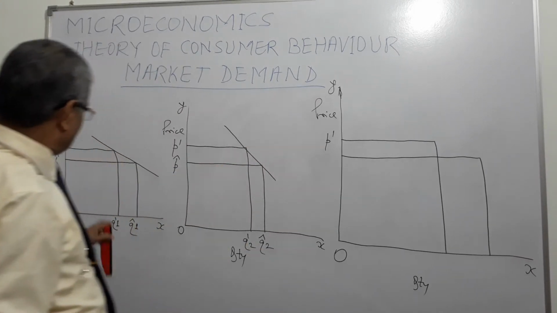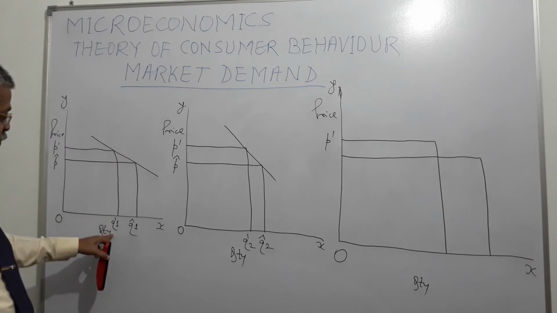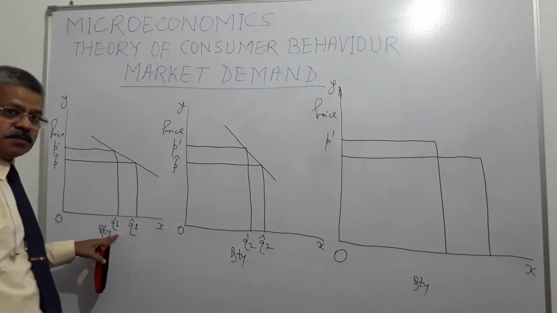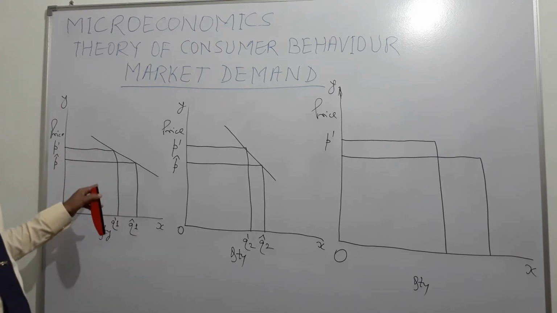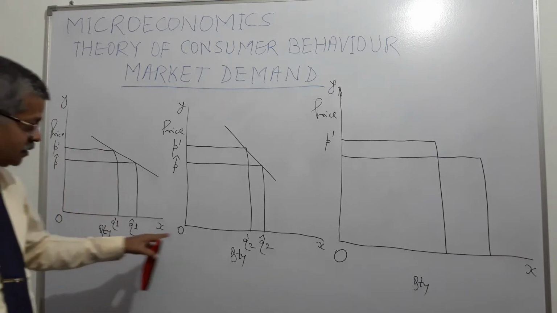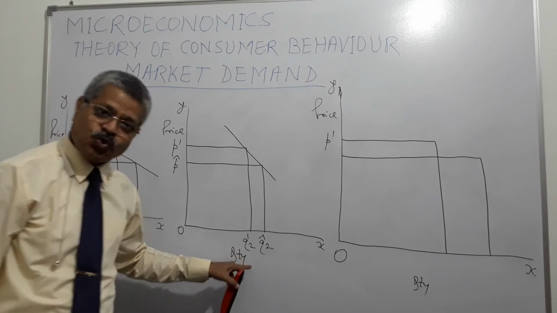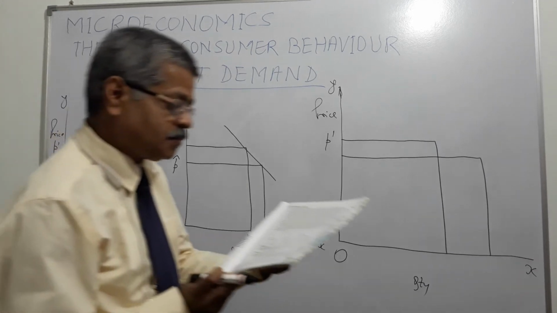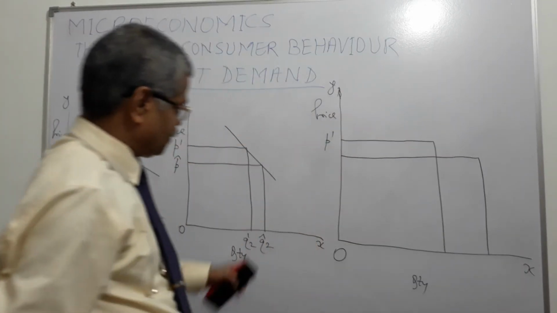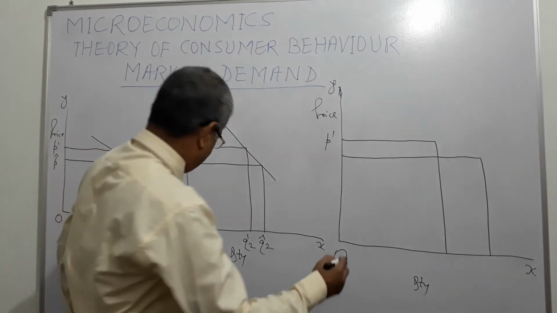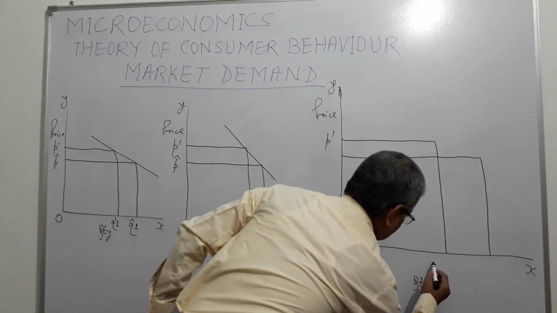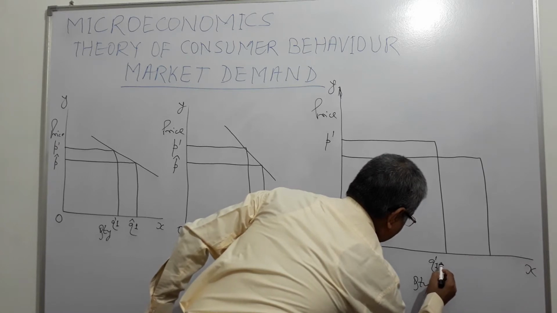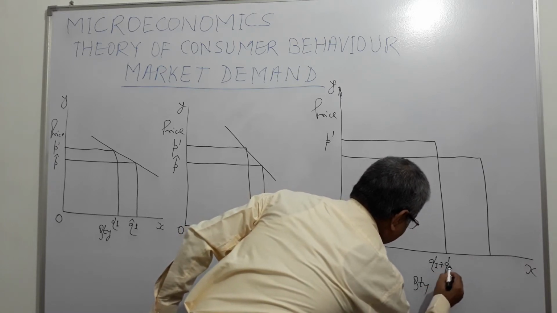At P prime we have Q prime 1 plus Q prime 2.